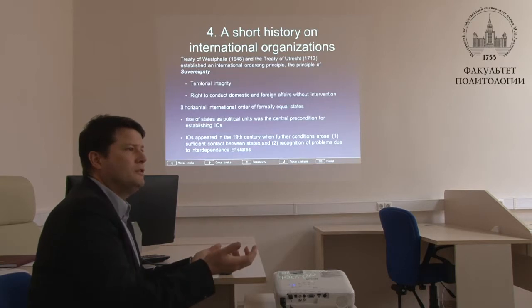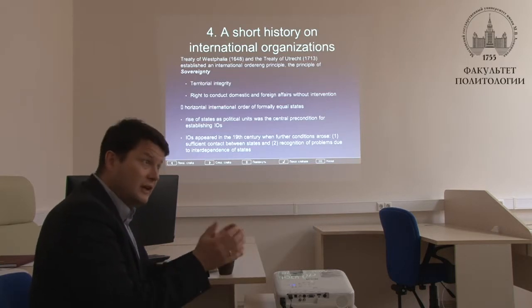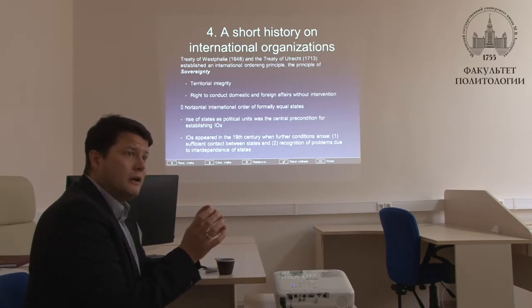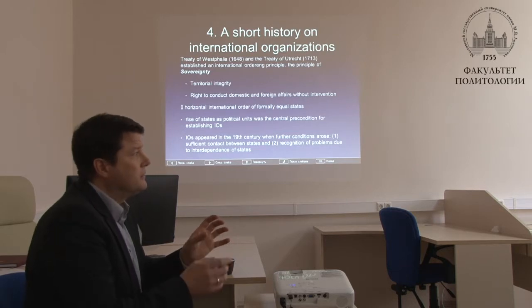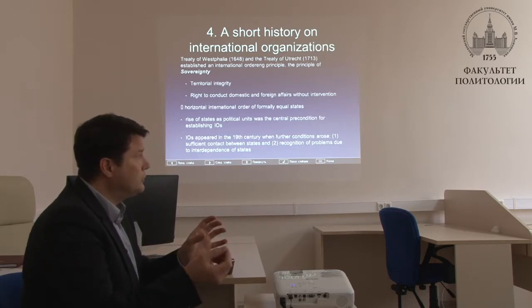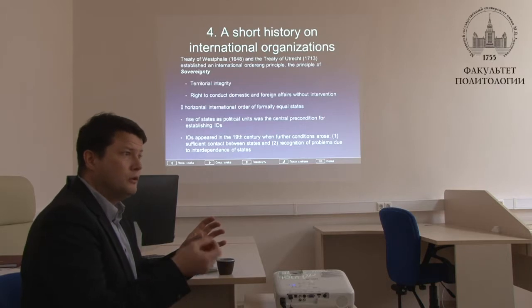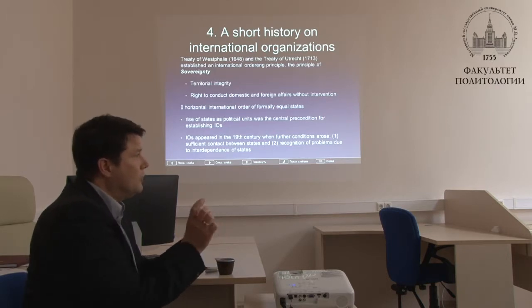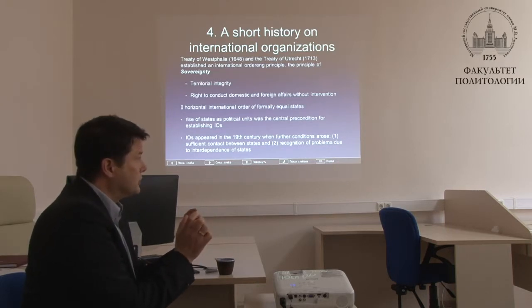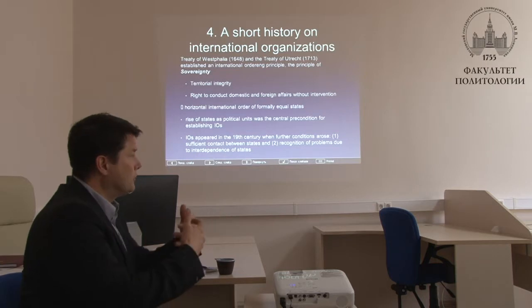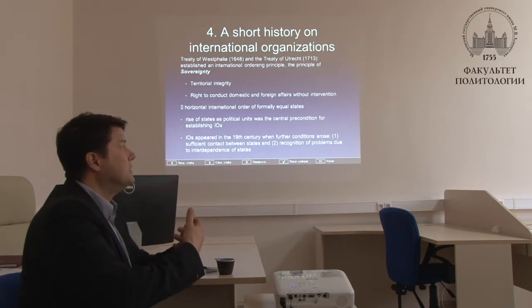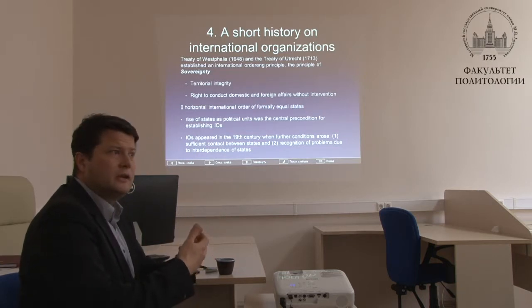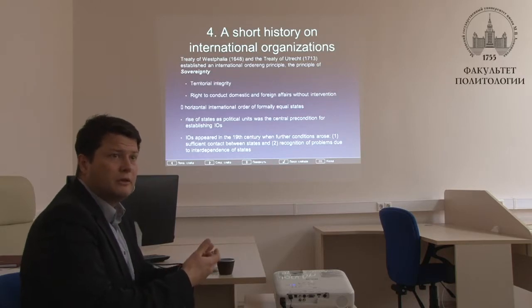There would be no reason to have an organization dealing with issues or problems that occur due to the interdependence or due to the exchange between the countries. So only if you have a certain amount of contact between countries, there is a need, because of the overlaps, to deal with certain issues, with certain regulations between countries.